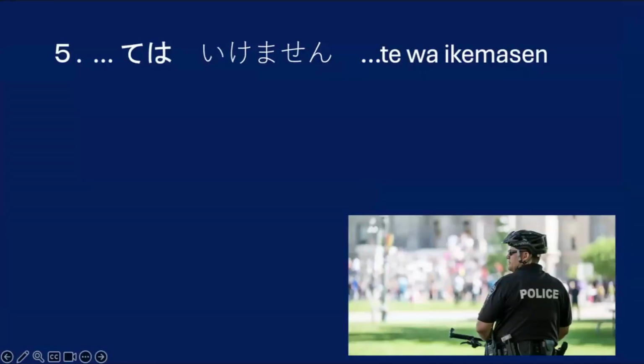Okay, and the next expression with te form, you are going to follow te form with wa. This is the topic, and then ikemasen. So notice masen, that's a negative. So ikemasu means you can go, you are allowed. So ikemasen, negative, so you are not allowed.